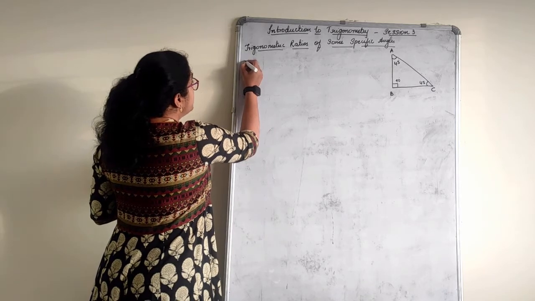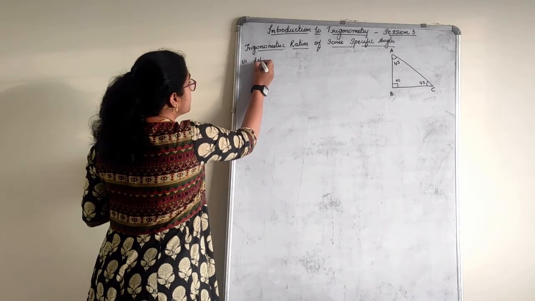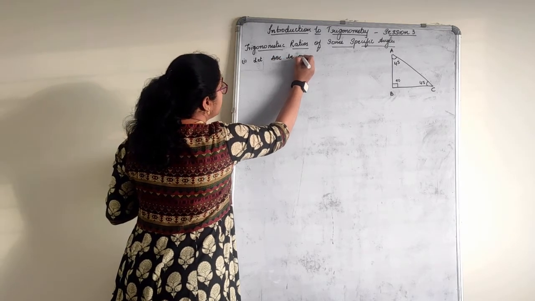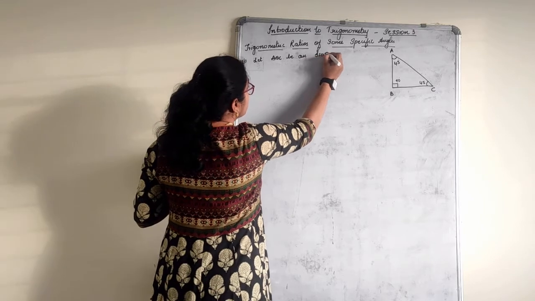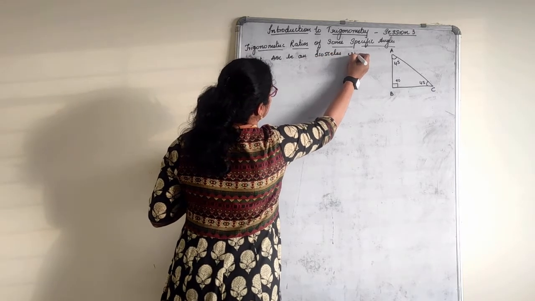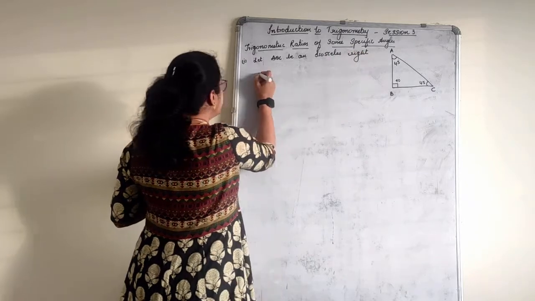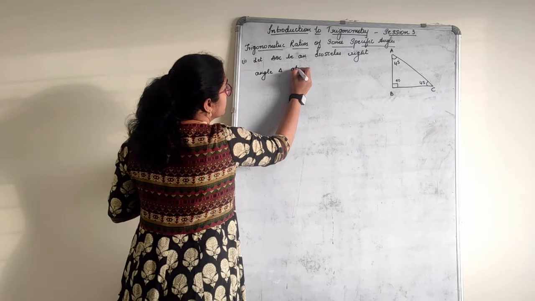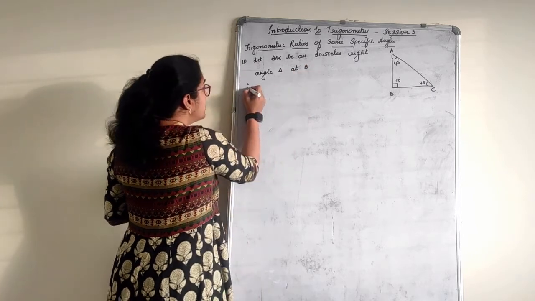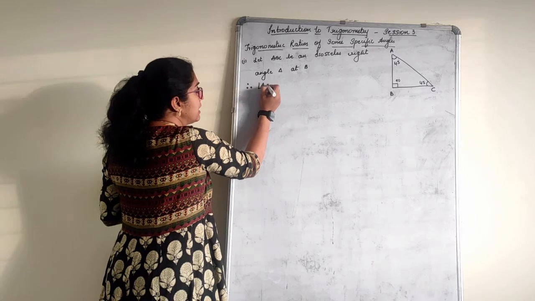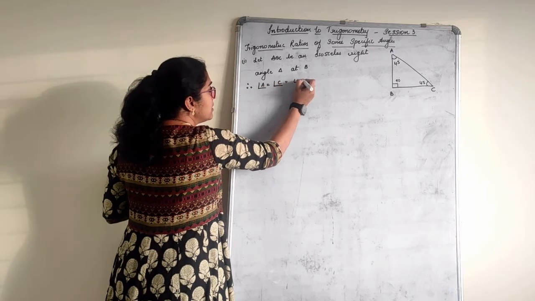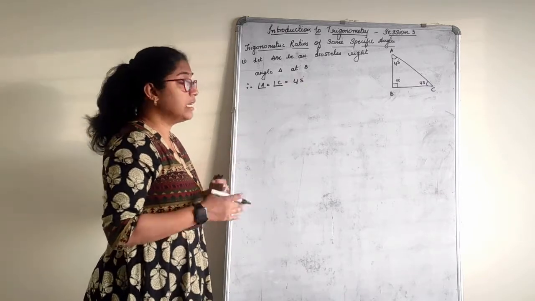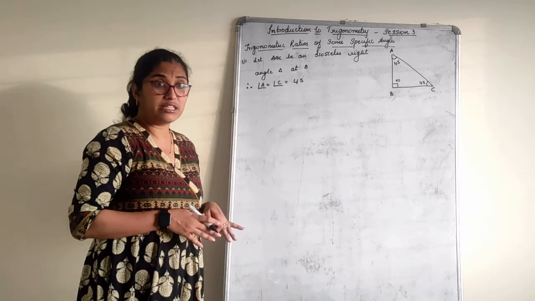So first part, let ABC be an isosceles right angle triangle at B. Therefore, angle A is equal to angle C is equal to 45 degrees. Now, the sides opposite to equal angles are also equal.